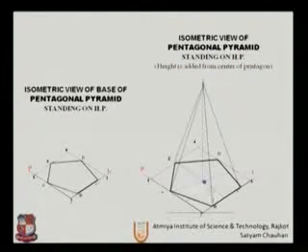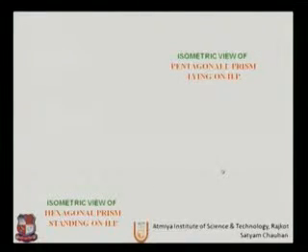Here this will be the pyramid of a pentagon. Let us move further. The isometric view of a pentagonal prism laying on HP, and isometric view of a hexagonal prism standing on HP. So we are using all the axes.